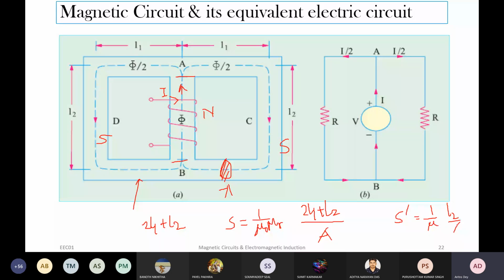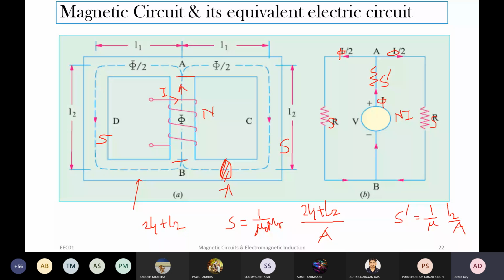So you can get the analogous circuit like this. This is S dash, this is S, this is S, and this is equal to Ni, and this is phi, and these two are phi by 2, phi by 2. The way you solve an electric circuit, in the same way you can solve for phi here.